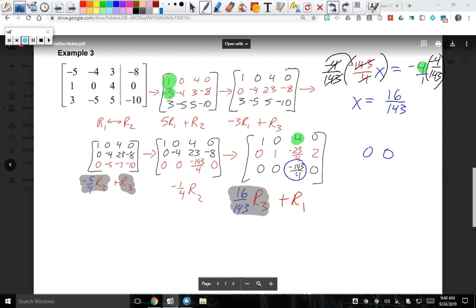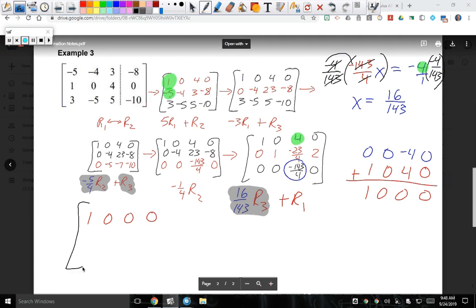So this will become negative 4. And then the last one's 0. We're going to add row 1 to this. Again, this is my scratch work. So that you see 1, 0, 0, 0 is now my new row 1. Do we agree? All right, so here we go. Row 1 will become 1, 0, 0, 0. And everything else stayed the same.